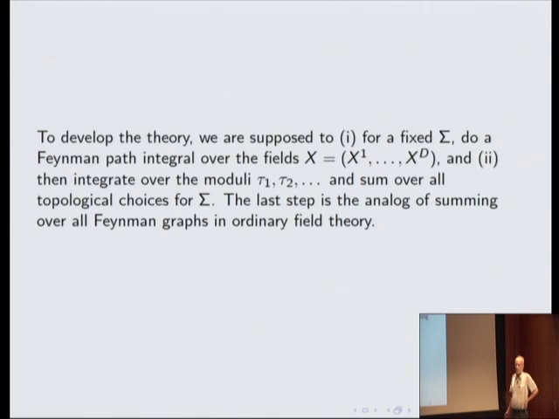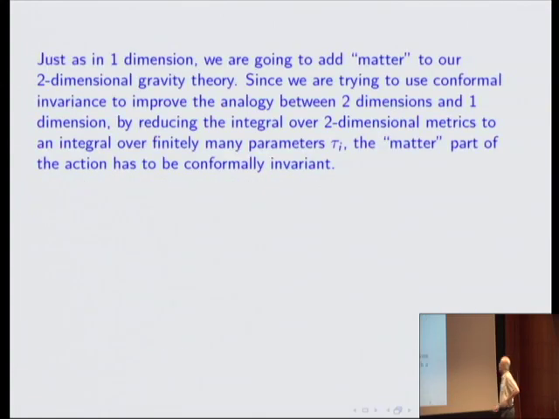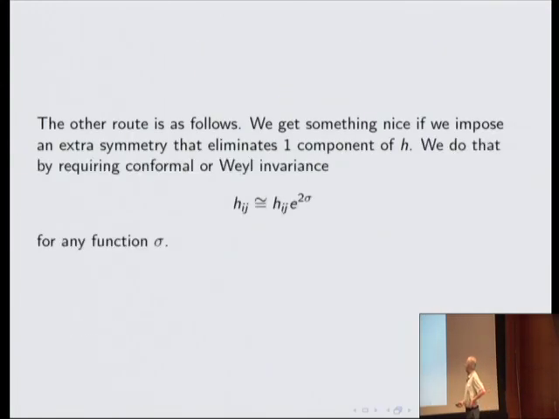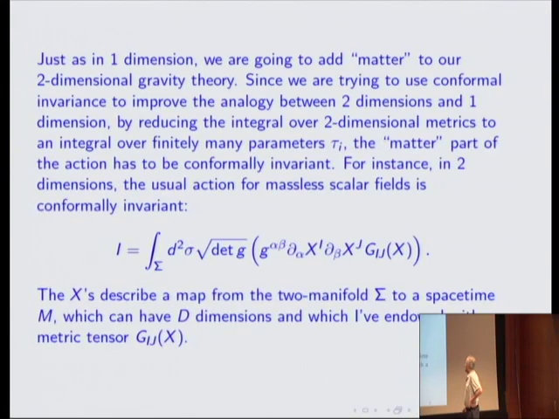Any more questions? Yes? Well, I defined it. I'm not sure what you mean by explaining it. Conformal invariance is the statement that you're allowed to multiply the metric by a positive function, an arbitrary positive function. We assume that symmetry. And then I said that this action was conformally invariant.